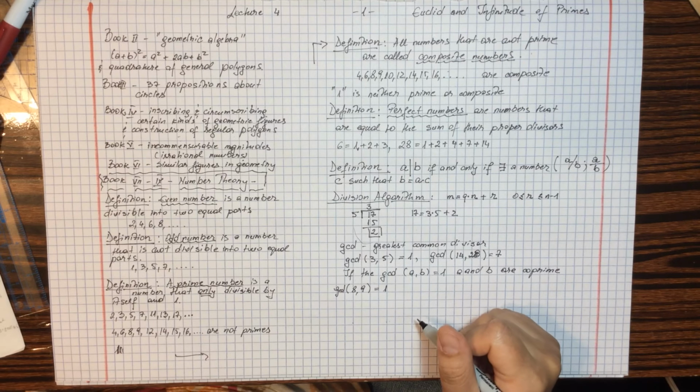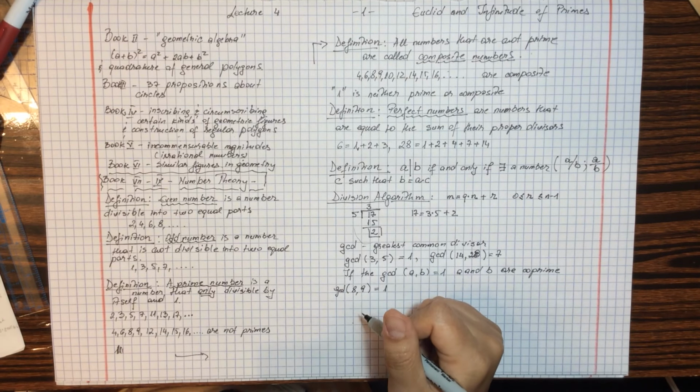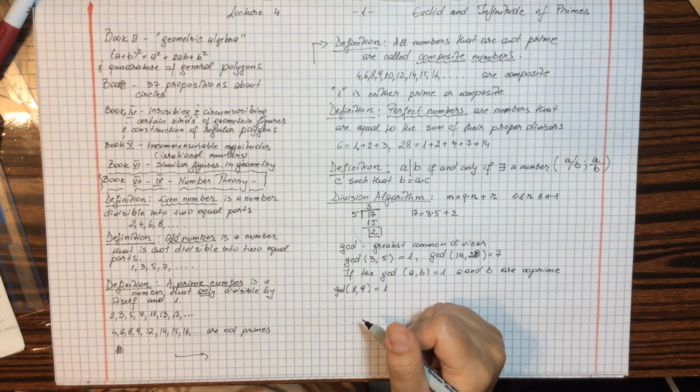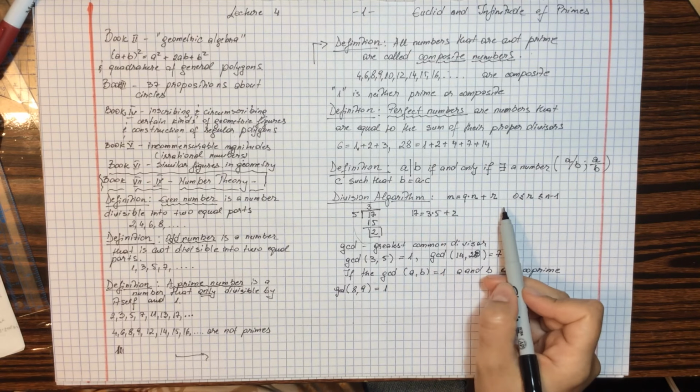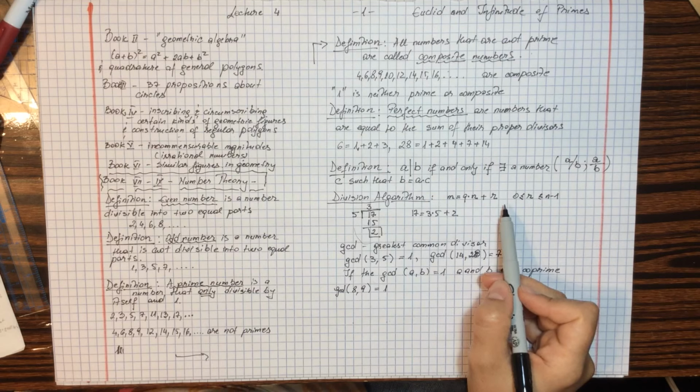So in this case we have the so-called Euclidean algorithm. The Euclidean algorithm is nothing other than a repetition of the division algorithm, and it helps you find the greatest common divisor between two numbers.